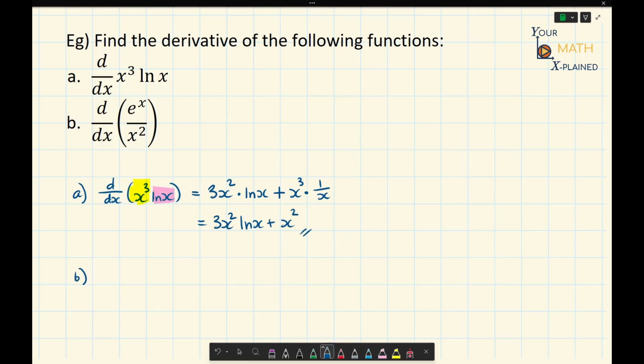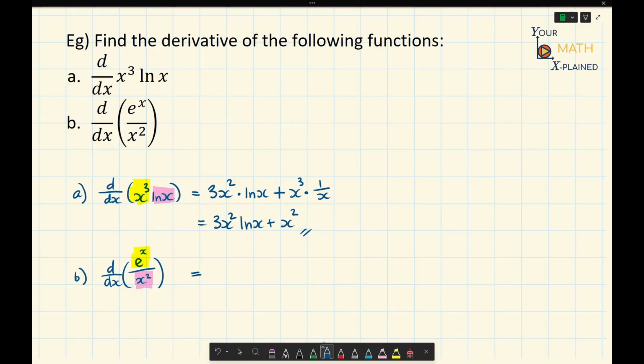For the second example, we're asked to find the derivative of e to the x over x squared. So this one, we're going to be using our quotient rule. And again, our top function, e to the x, is going to be our f of x, and then our bottom function, x squared, is our g of x. So now the quotient rule says this is going to be equal to the derivative of the top function.